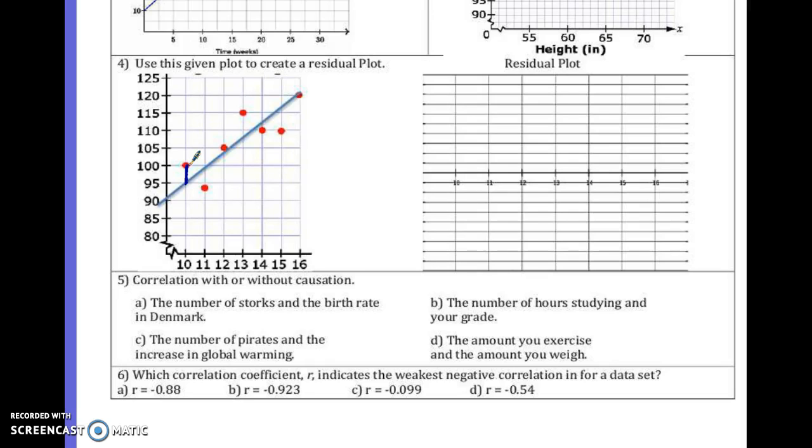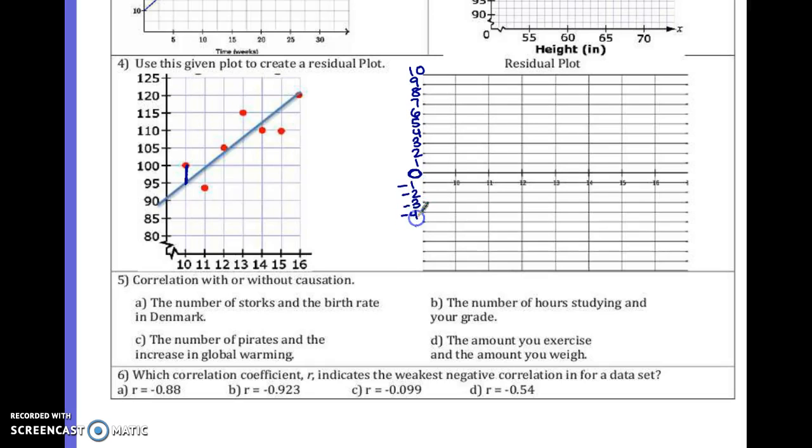So what we're going to do over here is this would be our 0, and then we are just going to go by ones and mark all of the different values.